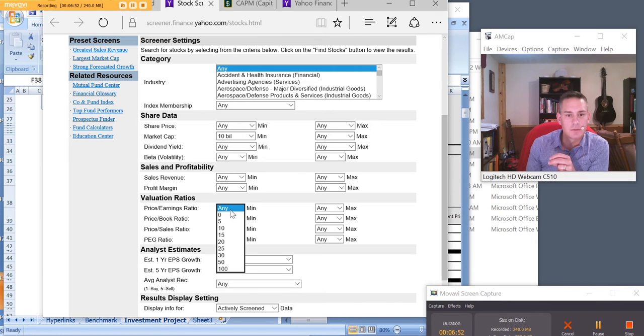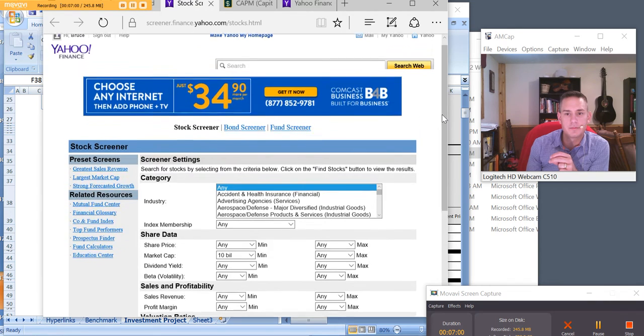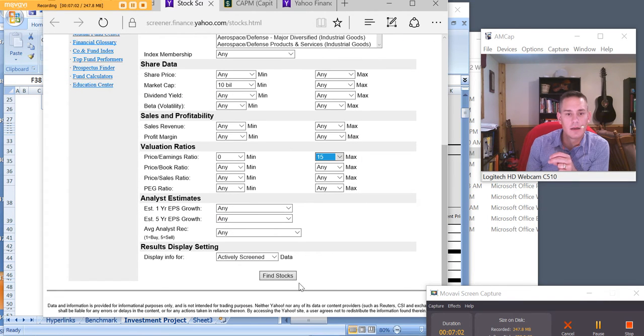So I'm going to set this between 0 and 15. Okay. Now we're going to leave it just like that. And so we set market capitalization 10 billion and left the max at any, and the P/E ratio, this one, to 0 and the maximum to 15.